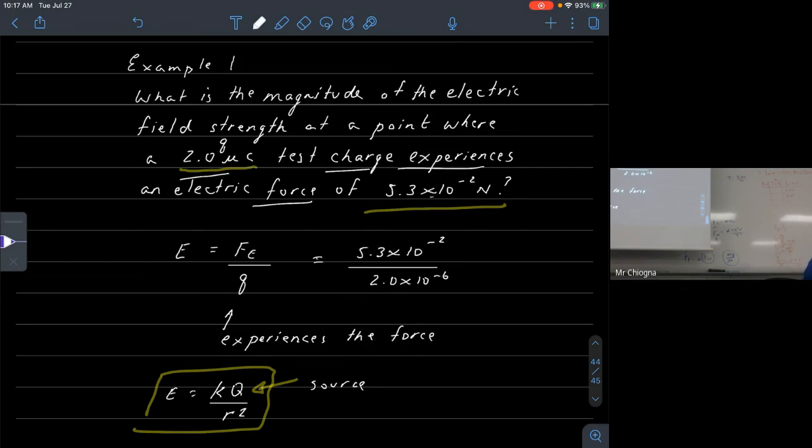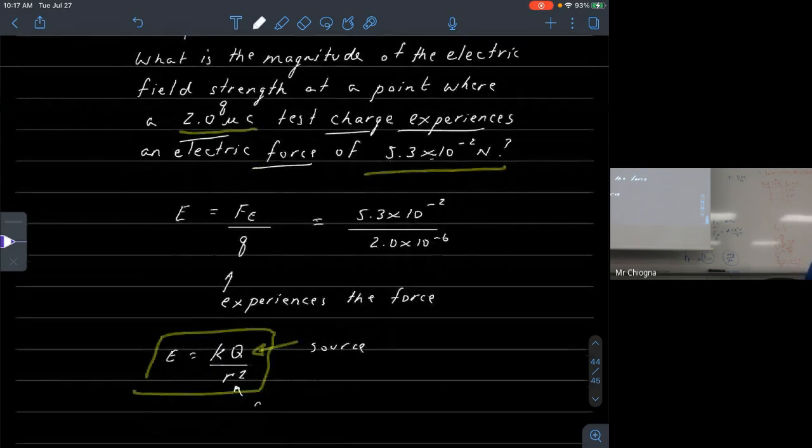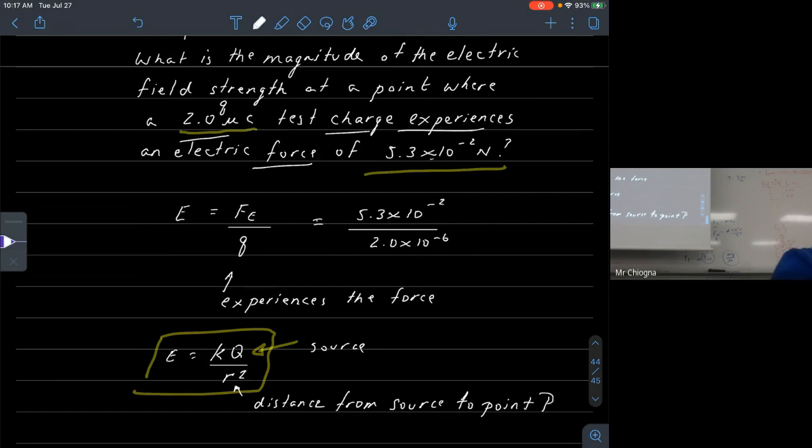There's no mention of distance from the source.